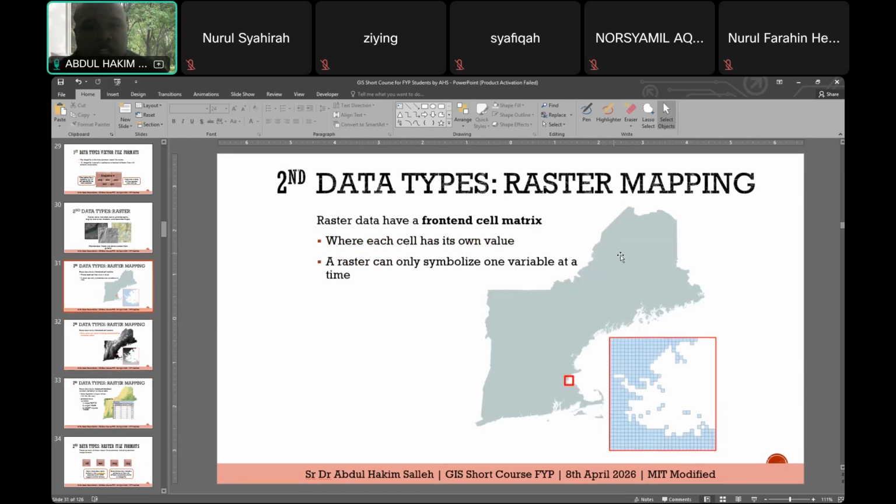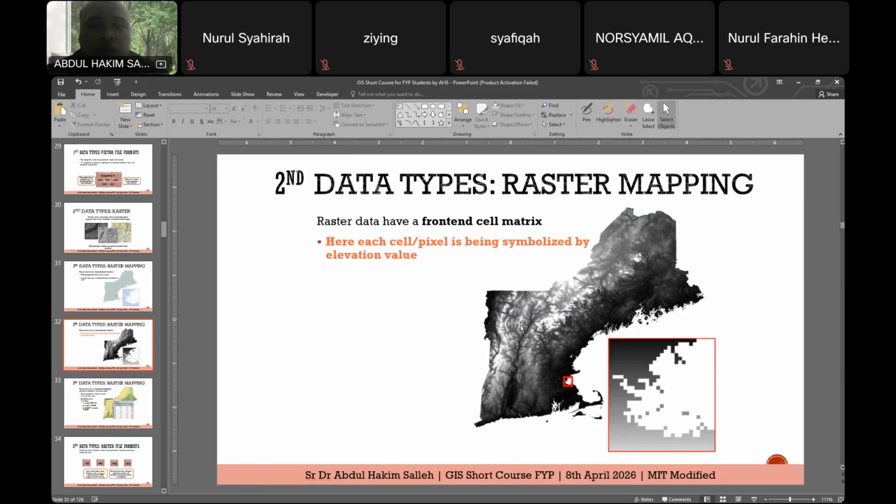Sometimes it is explained in terms of colors, and sometimes in terms of gray value like this. The whitest area means it is on a higher ground. The darker area means a much lower ground. So this area actually contains a mountain range, as you can see here, because the white colors are connecting like a mountain range.